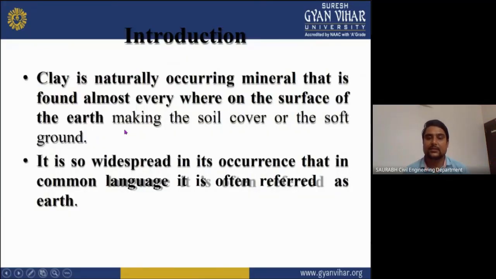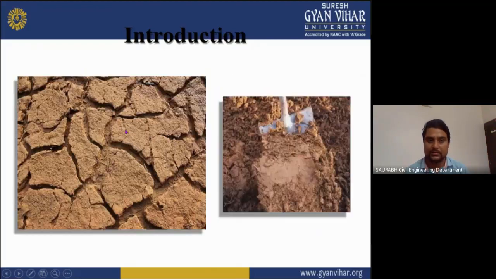Clay is a naturally occurring material of minerals that is found almost everywhere on the surface of the Earth. It is widespread in its occurrence, and in common language it is often referred to as earth.